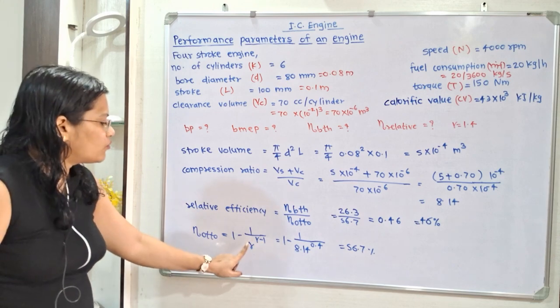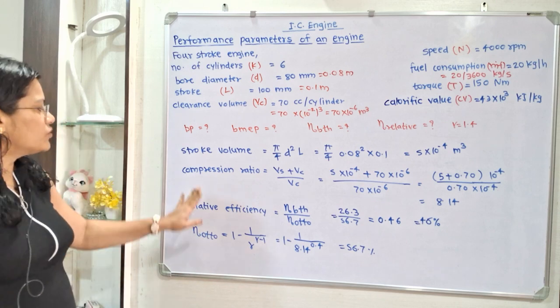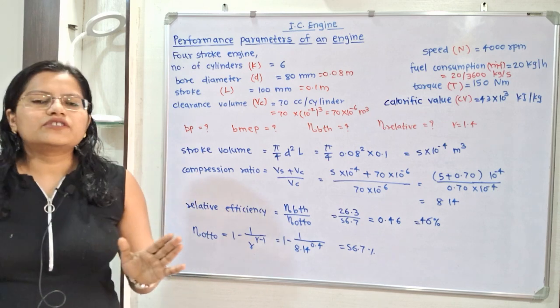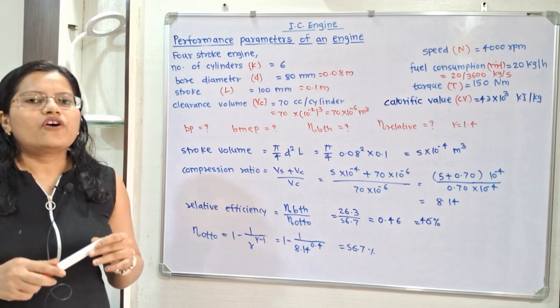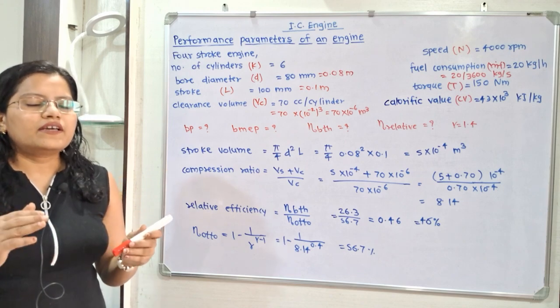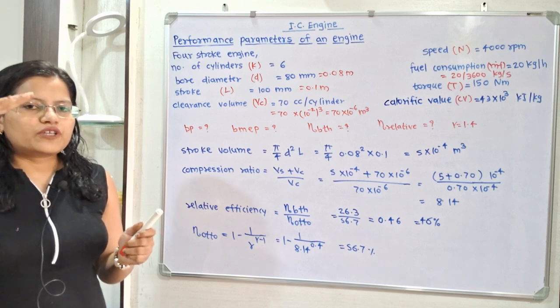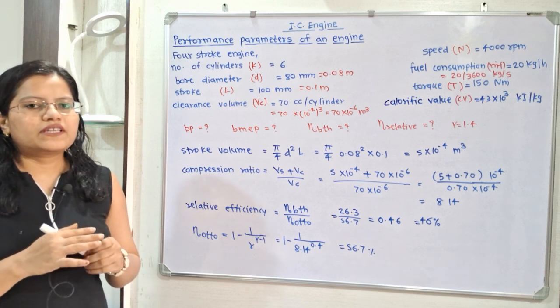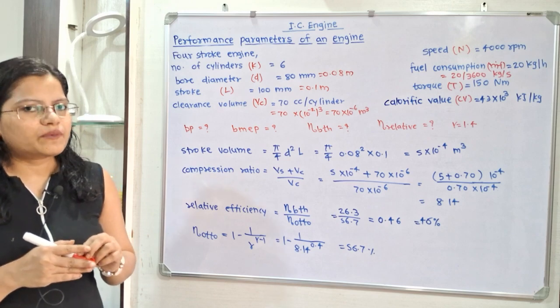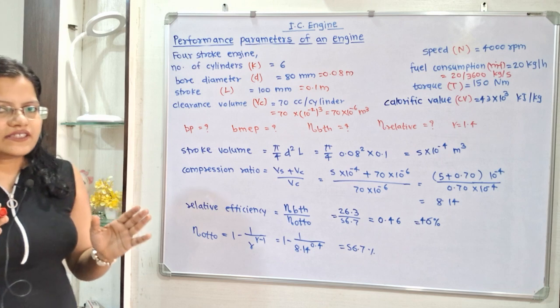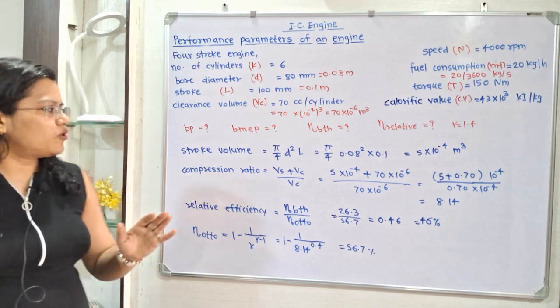So how to find this compression ratio? For that we require clearance volume and stroke volume. When the piston moves from the top dead center to the bottom dead center, there is the swept volume, and this is known as the stroke volume Vs.